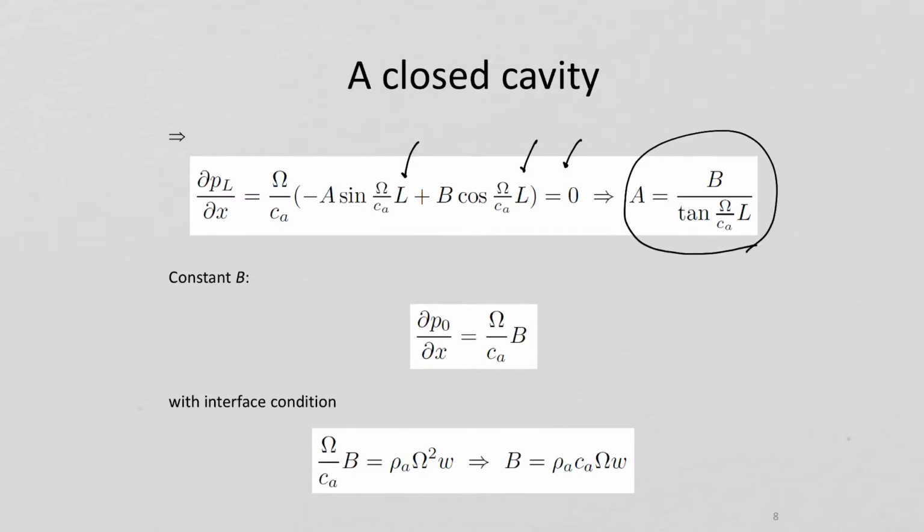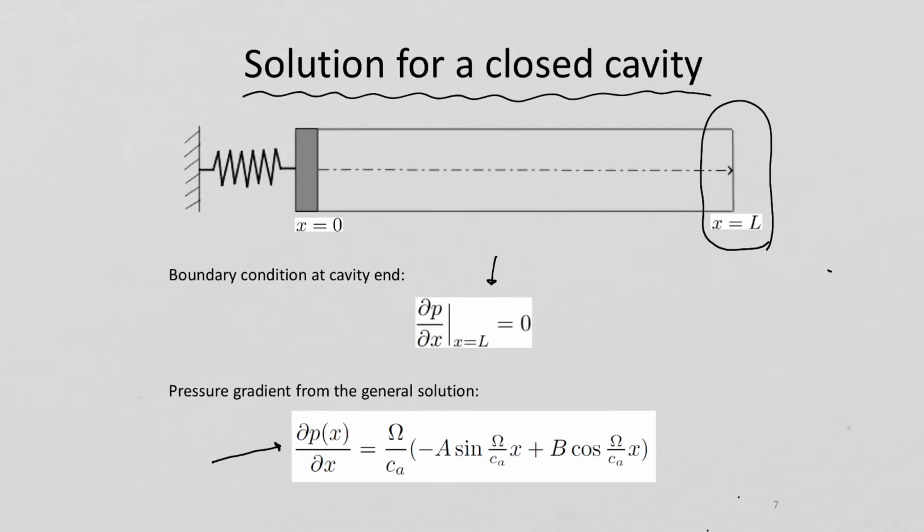And now we go back to the coupling condition that stated the connection between the pressure gradient at the interface, at x equal to 0, and the acceleration or the displacement of the mass. And inserting the conditions in that, we get the second equation, or second condition, that tells us that the pressure gradient should be equal to omega divided by the speed of sound multiplied by this coefficient B. We can see that this has been obtained by inserting x equal to 0.